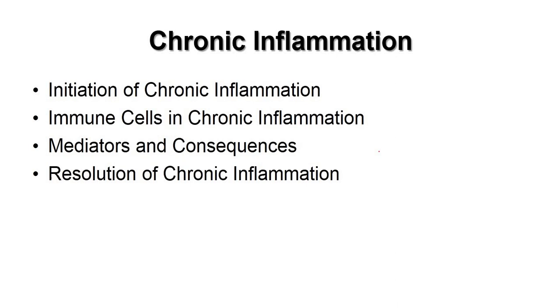First of all, try to understand this resolution of chronic inflammation is an active process. Active process. This involves some of the pro-resolving mediators. The pro-resolving mediators will be called SPMs.